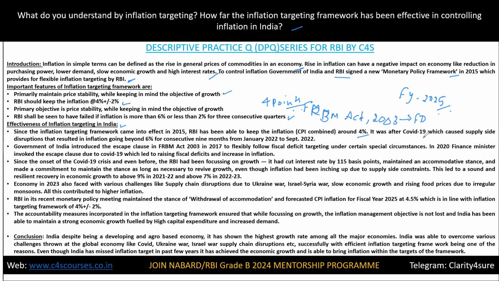It was after COVID-19, which caused supply side disruptions, that inflation went beyond 6% for 9 consecutive months from January 2022 to September 2022. We are giving a brief idea: for most of the time it was able to maintain CPI inflation around 4%, but only during COVID-19 did inflation go beyond 6%.